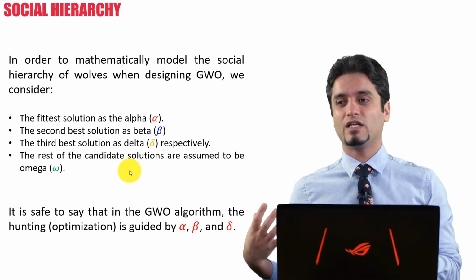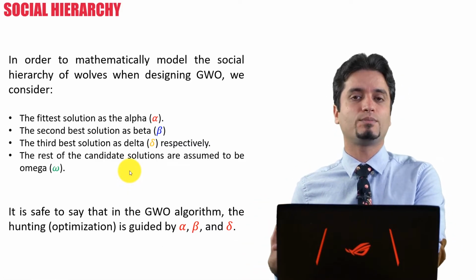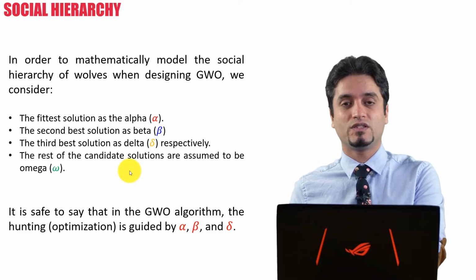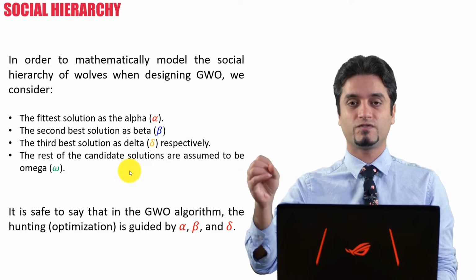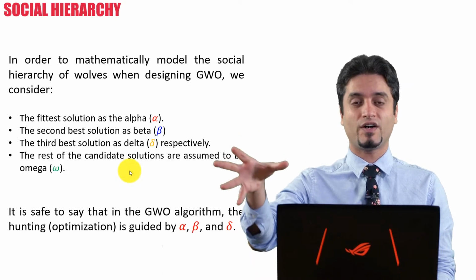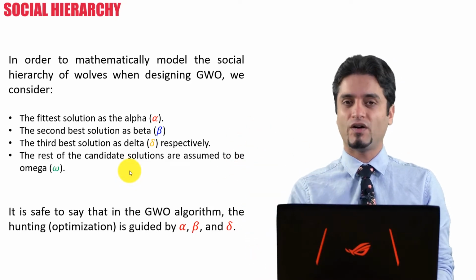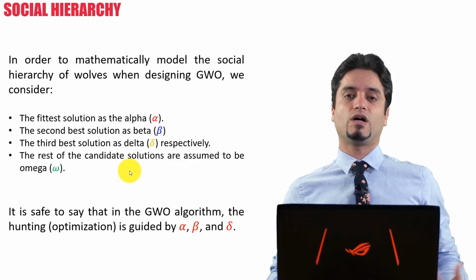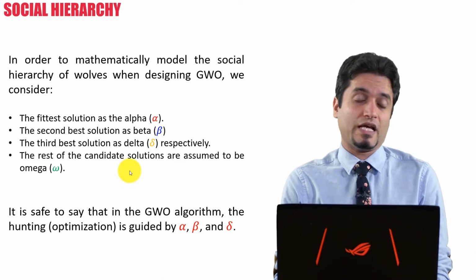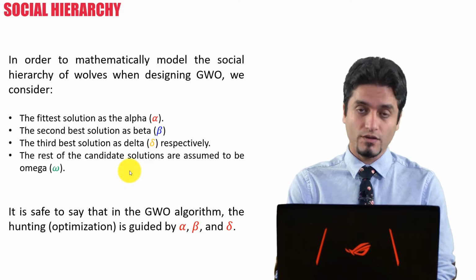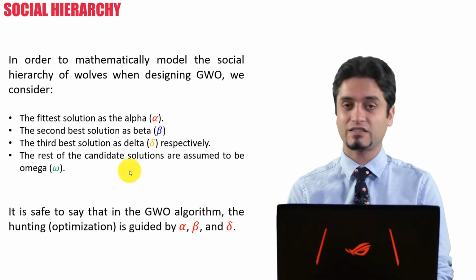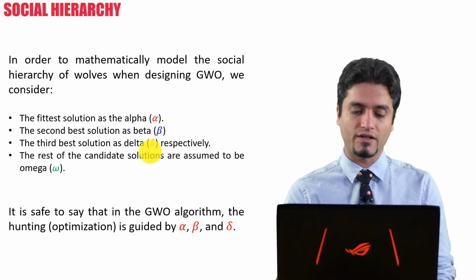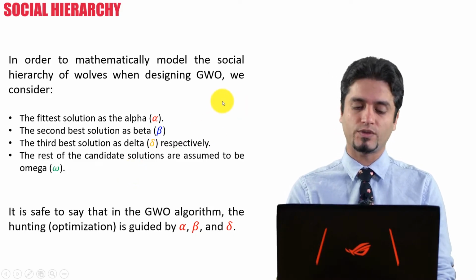In the biological example, the gray wolves can see and sense where their prey is, so they search for it, find it, and then kill it. But for us, we are dealing with problems with an unknown search space and of course an unknown optimal solution. So we have to make these assumptions. At least that's how I designed the first version of the gray wolf optimizer.